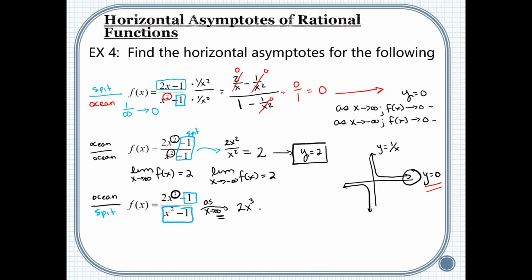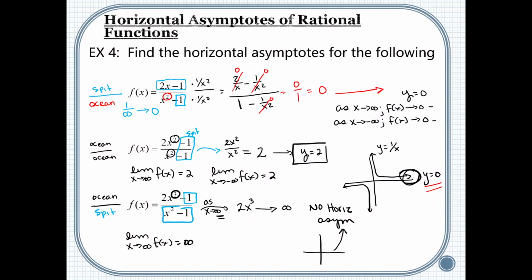So as x goes to positive infinity, this is going to infinity. That means I have no horizontal asymptote. And I would describe the end behavior in this way. This means on my graph, the function's going to be going up. It's not going to be coming towards something like it does in this one.